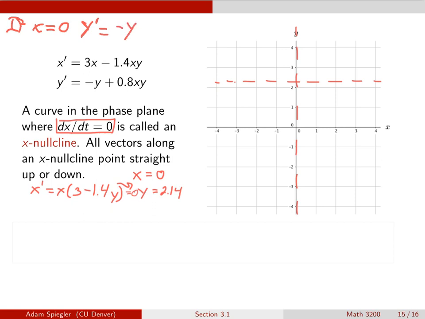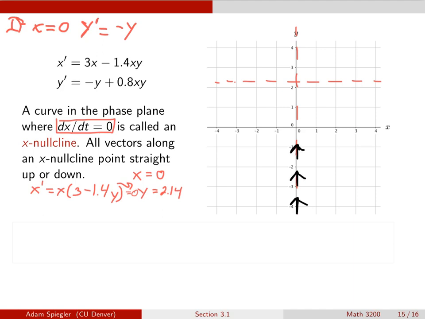And so what we can see is, if I'm on this line x equals 0, then if y is negative, then minus y would be positive, right? And that would tell me that y prime is positive. So when y is negative, these vectors are going to point up because dy/dt is positive.